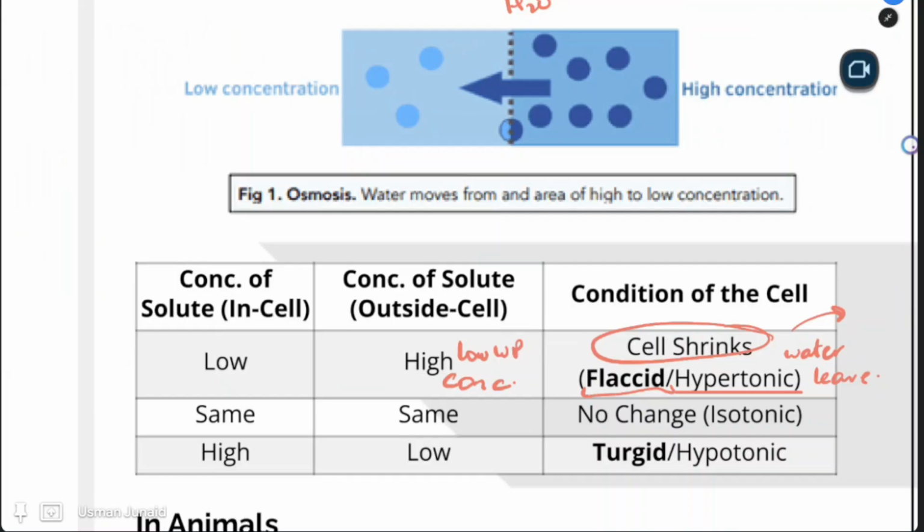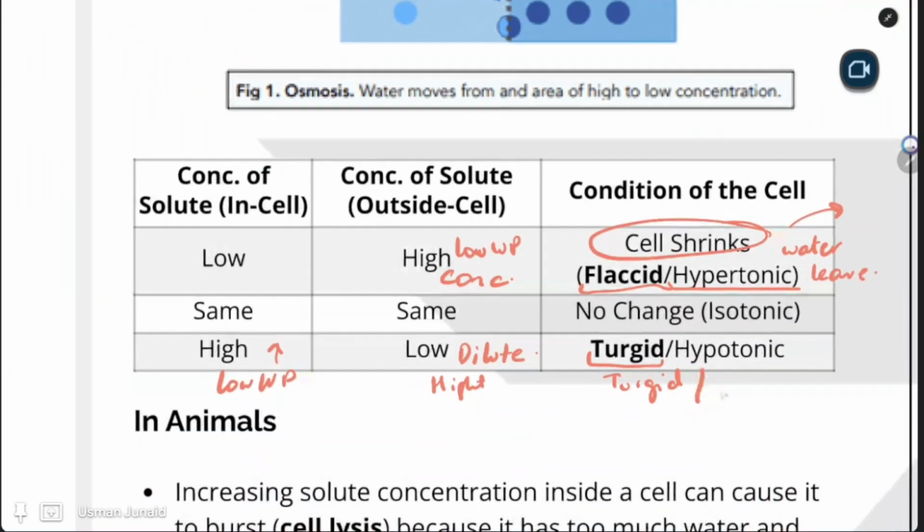However, if the cell has more concentration of solute, so lower water potential, and outside you have a dilute solution with high water potential, the water goes into the cell and makes it turgid.